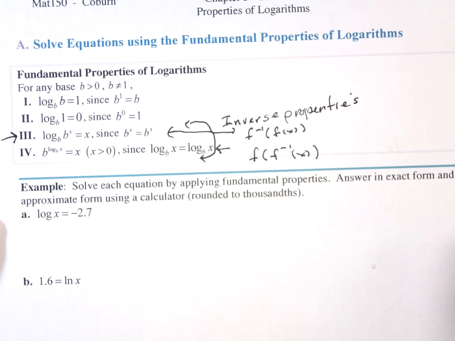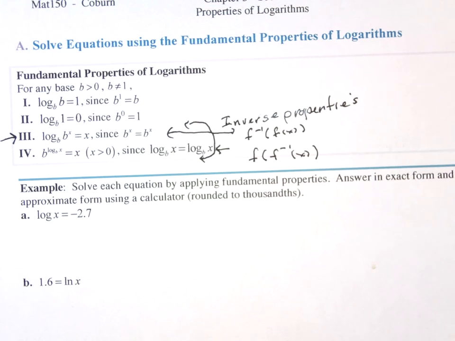It says, solve each equation by applying the fundamental properties. Answer in exact form. It's not exactly how you would necessarily choose to do this particular problem, by the way.